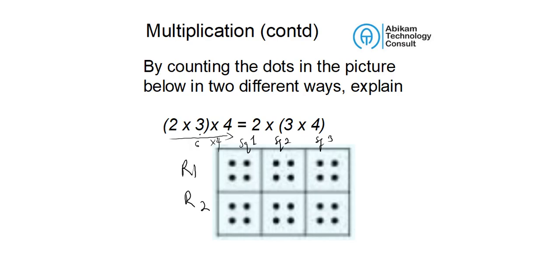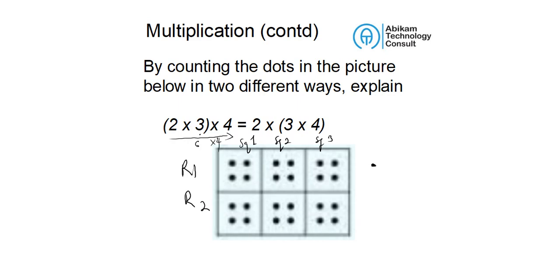Another way of counting it is this. In every row, let's count the number of dots. We have seen that we have 3 squares in a row. So let's count how many dots we have in a row before we multiply it by 2.